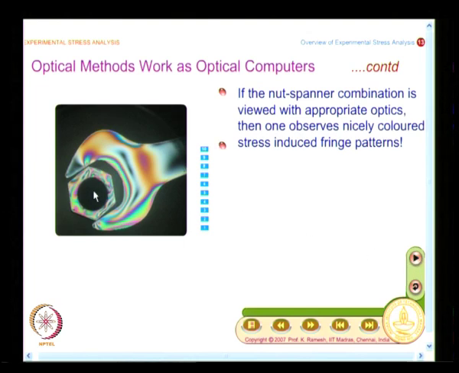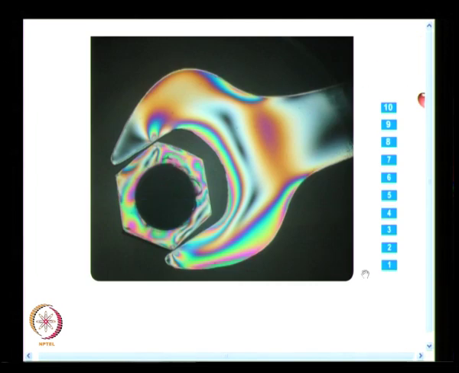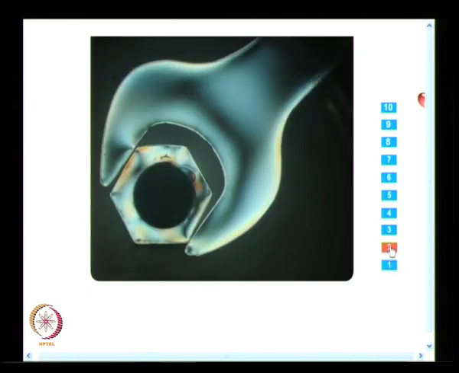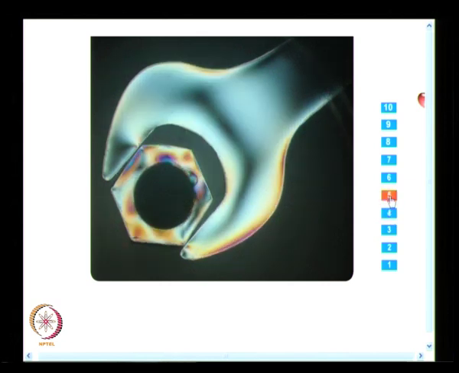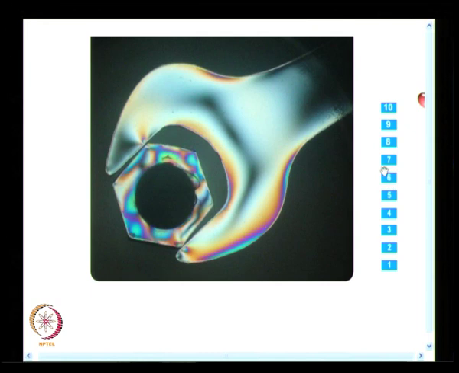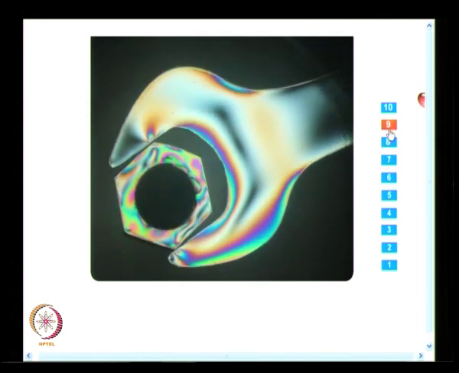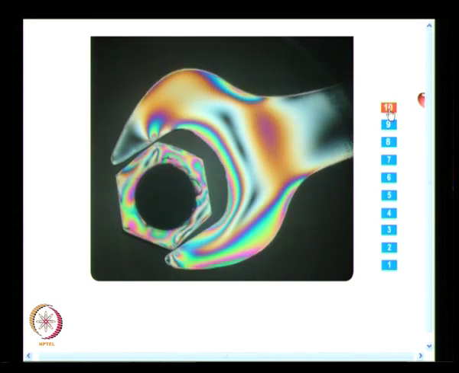And what you have here is, as I keep increasing the load, you find that more and more colors are emerging. So, what it shows is that whatever colors you see are a function of the load applied.